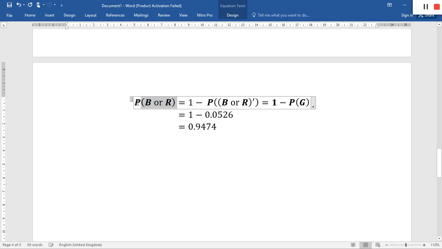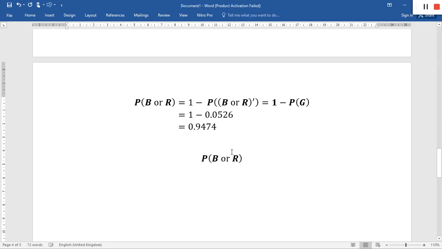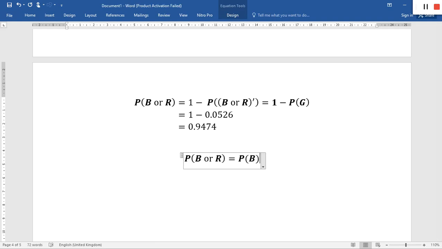So the probability of getting a black or a red is simply equal to the probability of getting a black plus the probability of getting a red, which boils down to this same figure. Even without subtracting the complement of that entire event from 1, you still get that result.